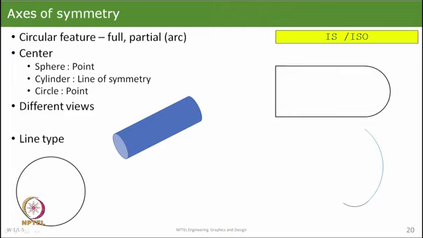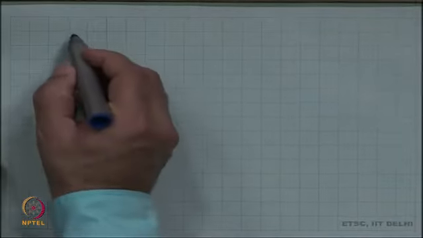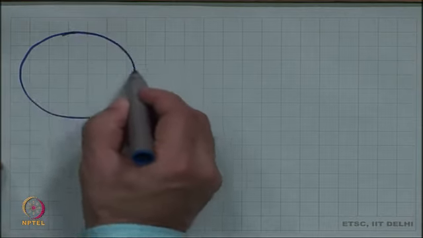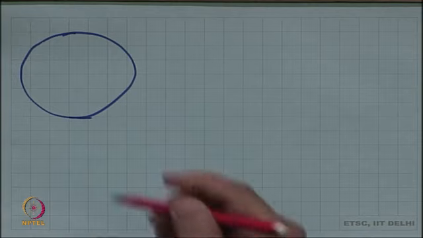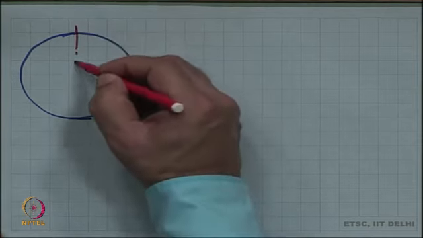Another important thing is the axis of symmetry. Just by looking at this, it is not enough to say that this is symmetric, or that this has an axis of symmetry, or there is some symmetrical feature in this drawing, or these curves have some other symmetric features. So, what we do is we have a circle, and to show that this is a circular feature, we draw a line like this.